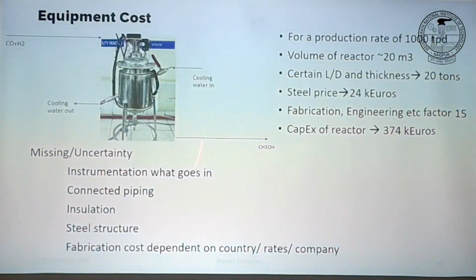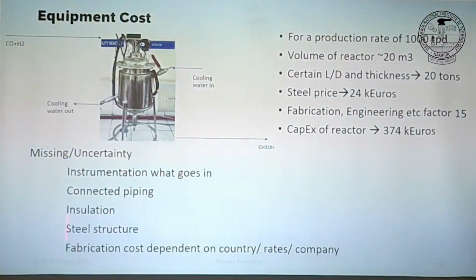So in this example, in our chemical industry, what are a few things which we could forget or which are represented by this factor 15? Connected piping. You need to connect this to different equipment, to the downstream equipment. So connected piping, different nozzles, piping for your cooling water, insulation if the temperature is high or low.